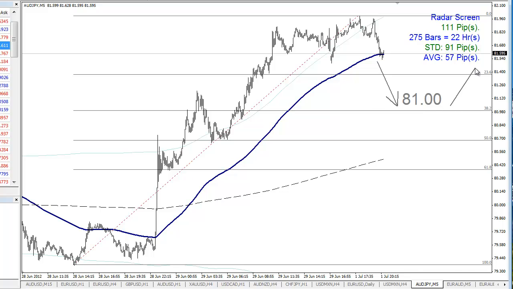So a bounce off of 81 and above, that would just be spectacular. If it falls further below 81 and we stop out and get another crack at it, the level 80.70 is also spectacular, and both of these numbers are just fine, thank you very much. And a bounce off of either one of those levels would be fantastic.